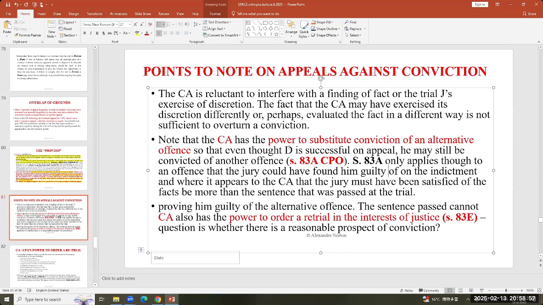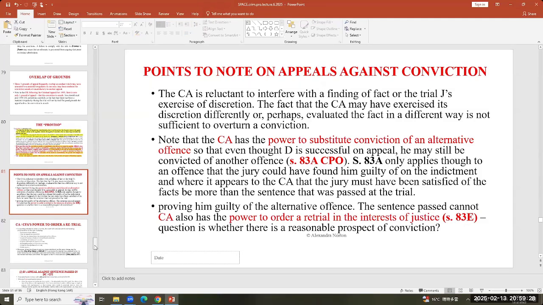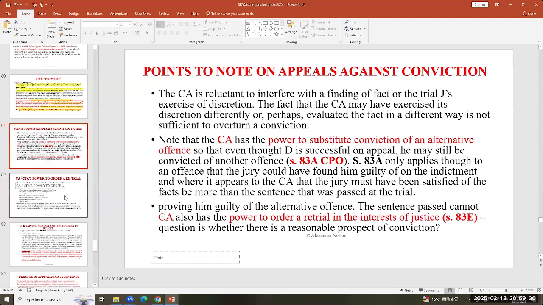Basically, what this slide should say is they can substitute conviction of an alternative offense, but only one that the defendant could have been convicted on at the evidence at trial. Okay? And they can increase the sentence on appeal as long as it's a sentence that could have been passed at first instance. And they can order a retrial in the interest of justice. Right? So I think as I was amending the slide, I've mistakenly chopped out some words and put some words in the wrong place. So I'll fix that and I'll get Bessie to post up the revised slide.